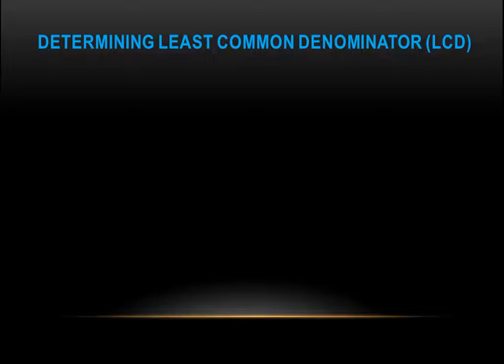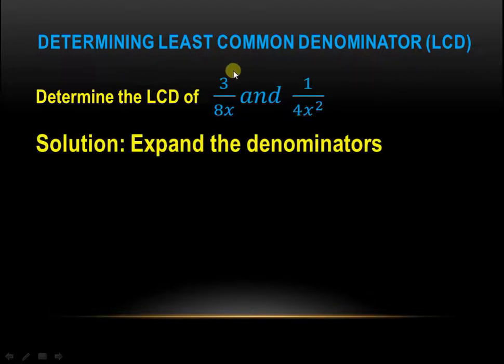We've been talking about similar denominators. But before we go to unlike denominators, or if the denominators are not similar, let us first study how to determine the least common denominator, or LCD. Take a look at this. Determine the LCD of 3 over 8x and 1 over 4x squared.